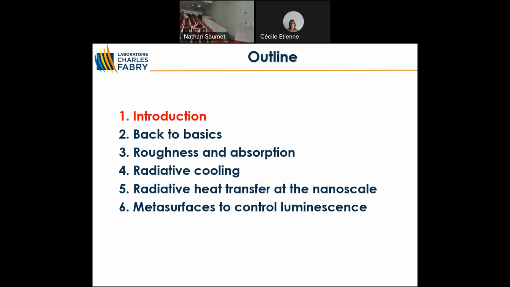And then I will be discussing radiative heat transfer at the nanoscale, which is a totally different world from what we've heard today. We will see how we do in time. In order to discuss this concept, and particularly when I go to the nanoscale, it's impossible to do nanoscience without merging all different topics like physics, chemistry, materials, quantum optics, and so on.